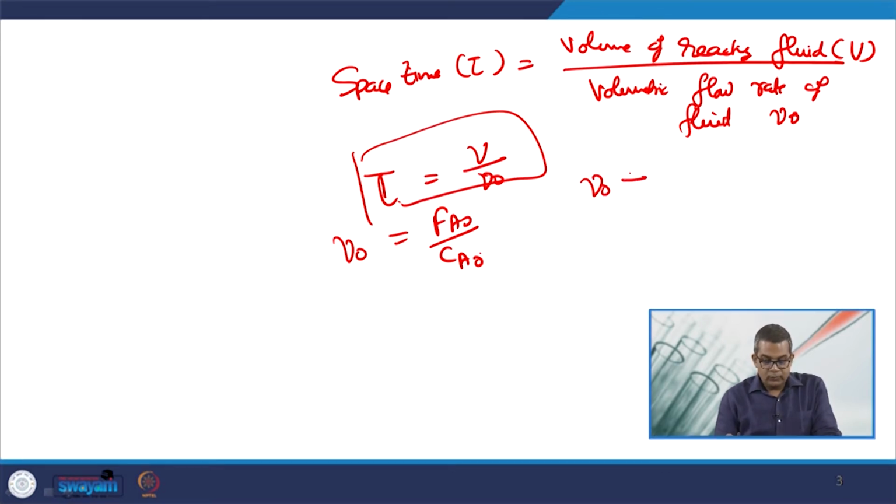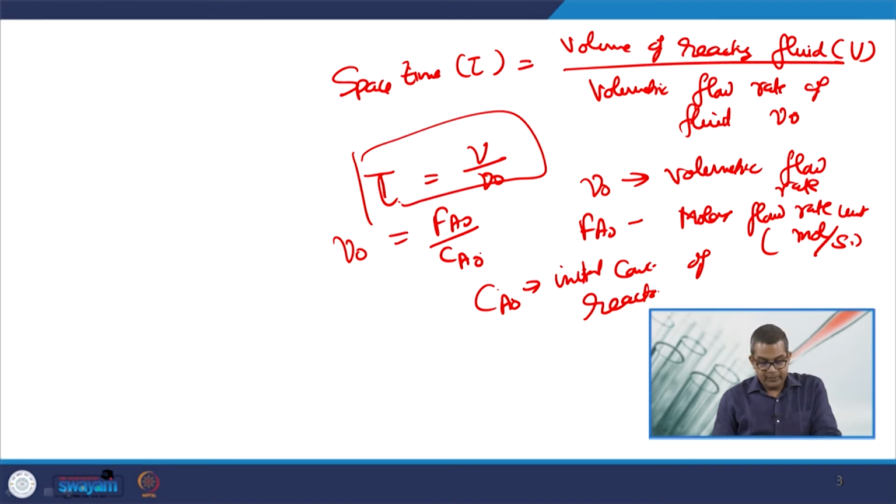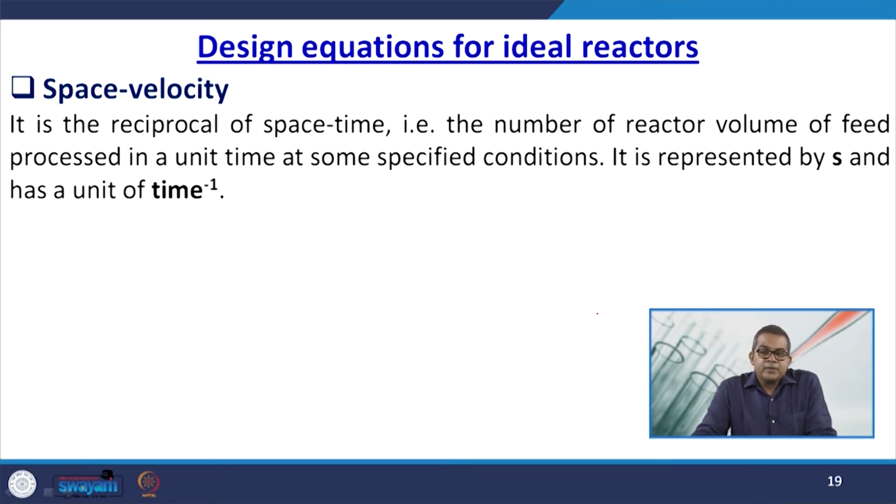This is the volumetric flow rate. FA naught is the molar flow rate, represented in mole per second, and CA naught is the initial concentration of reactant A, having the unit of mole per liter.